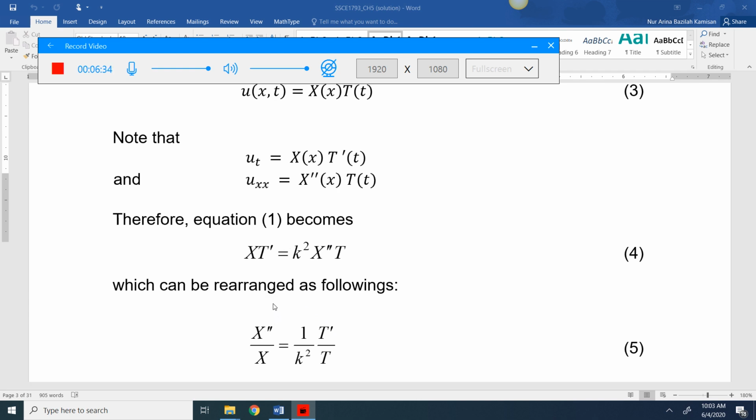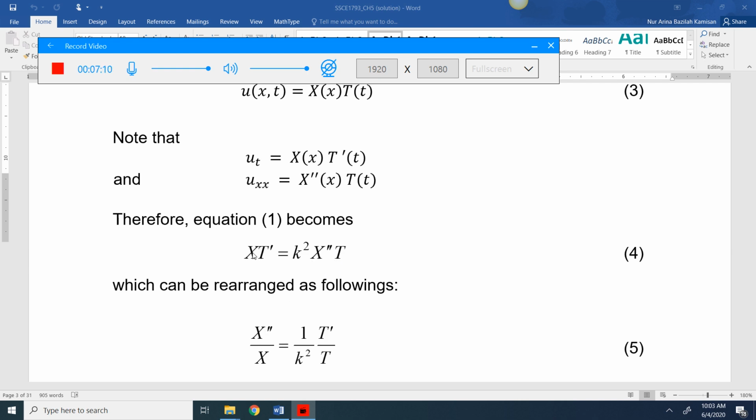How to rearrange? We have two variables, x and t, so you put X at one side and T at the other side. The variable that has been differentiated must be on the top of the fraction, and the constant inside the equation must go with the variable other than x.